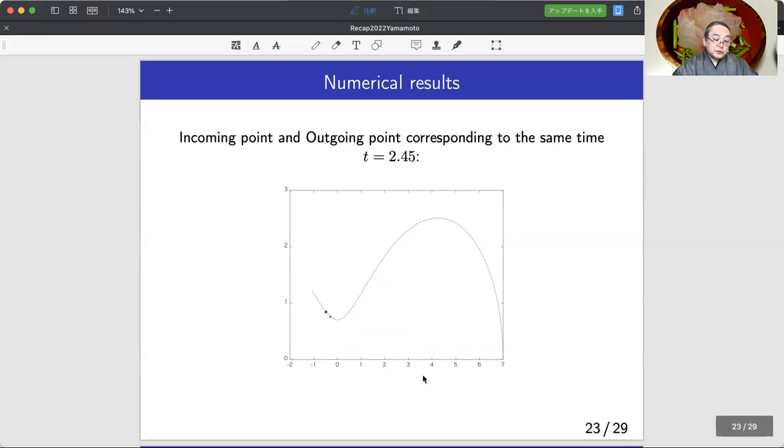This is t equals 2.45, a little bit apart. And this is t equals 2.7, so apart. And this is 2.95. They are too far apart, and the exact point is here, between the incoming point and the outgoing point.